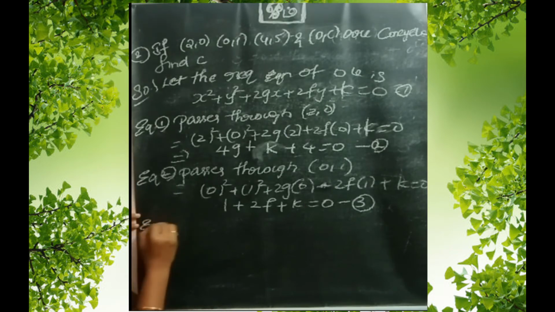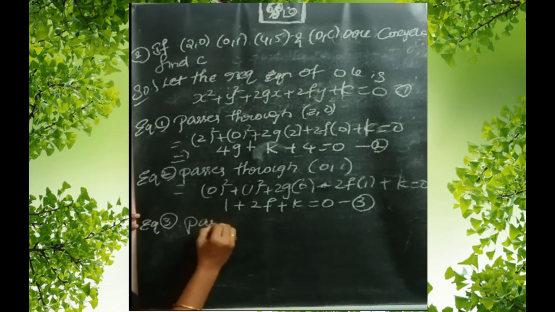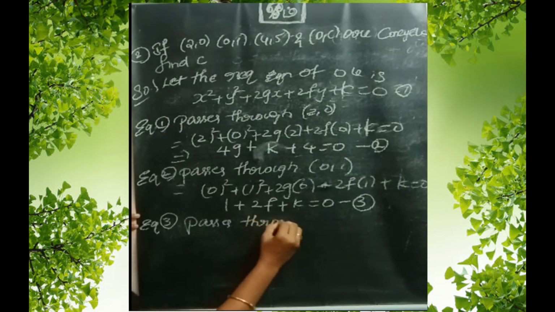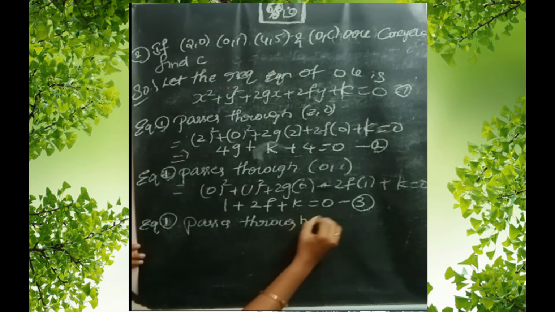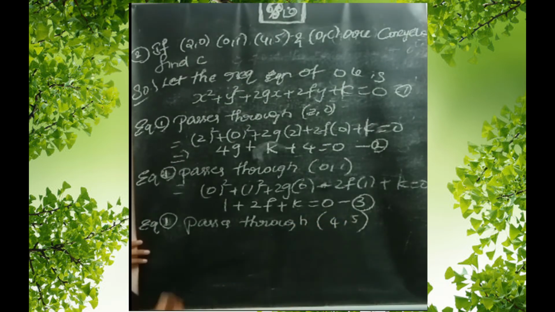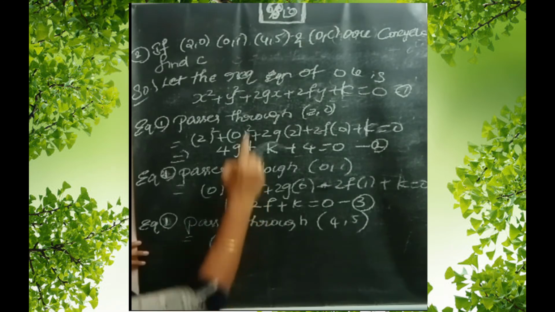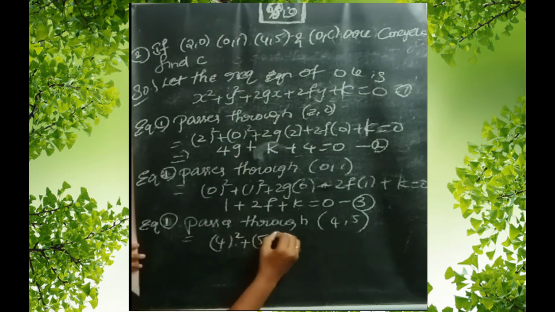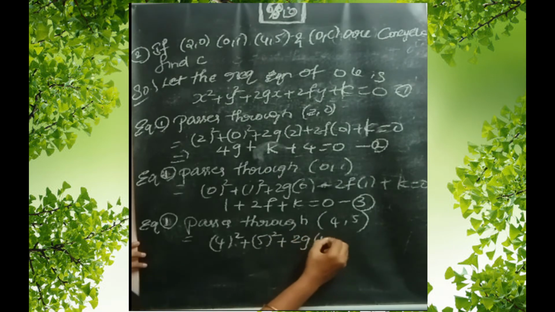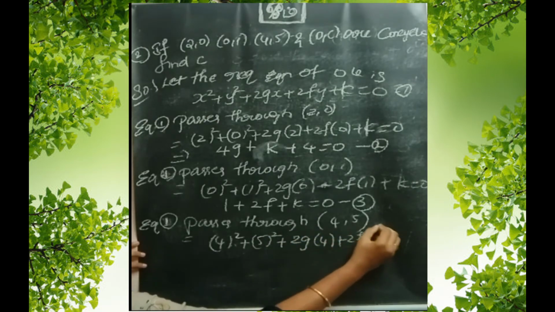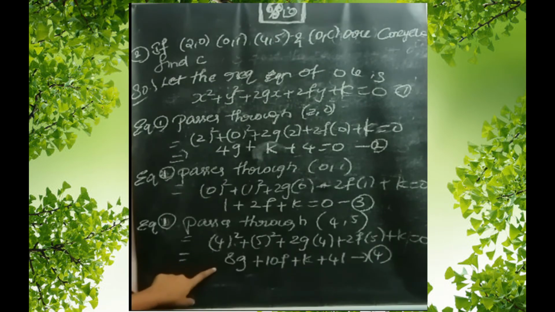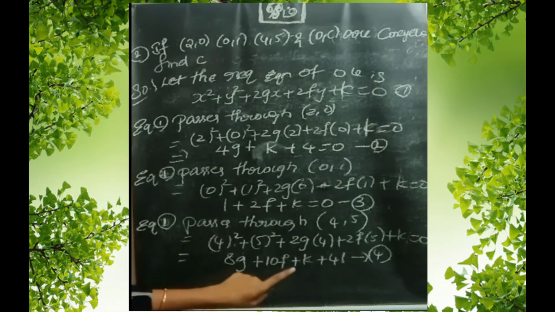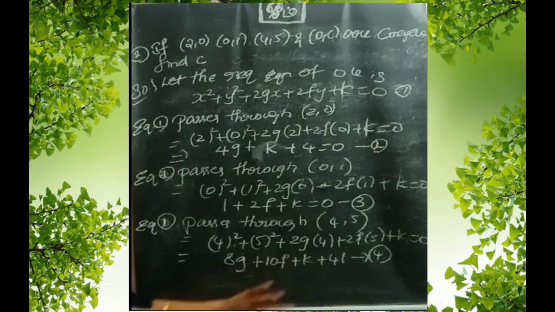Now equation 1 passes through the point 4, 5. So in equation 1 you have to substitute these points. 4 whole square, 5 whole square, 2g of 4 plus 2f of 5 plus k equals 0. Now we get 16 plus 25. Then you will get 8g plus 10f plus k plus 41, which is our fourth equation.